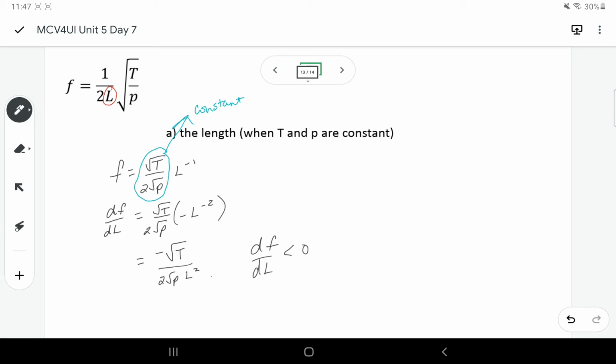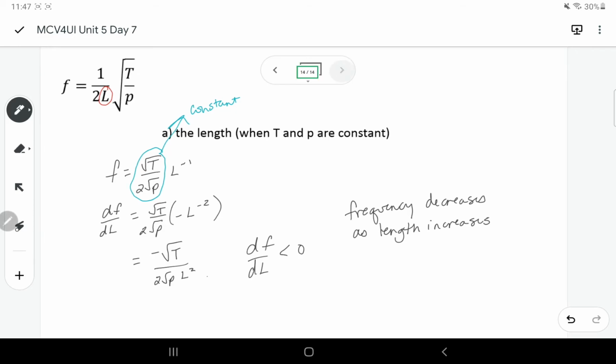What this means is that the frequency is decreasing as the length increases. So the slope of the tangent is negative for the whole function, which means it's always decreasing.